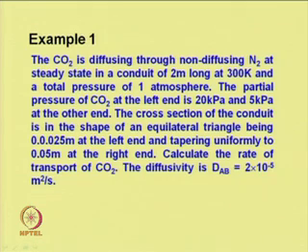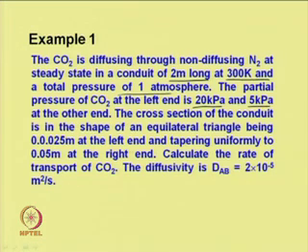If we consider a simple example like we considered before, CO2 is diffusing through non-diffusing nitrogen at steady state in a conduit of 2 meter long and at 300 Kelvin and 1 atmosphere pressure, and the partial pressure at the left end is 20 kilopascal and at the right end is 5 kilopascal.